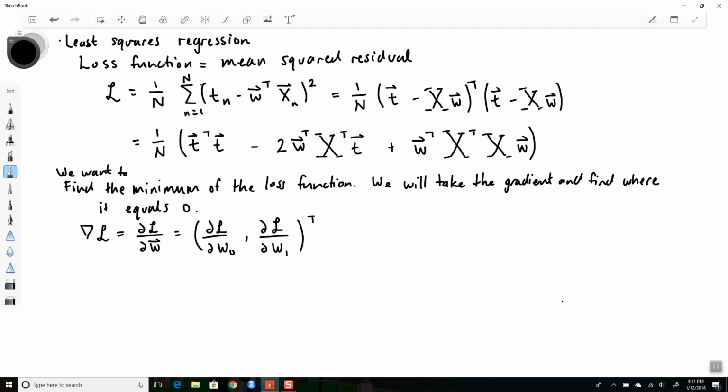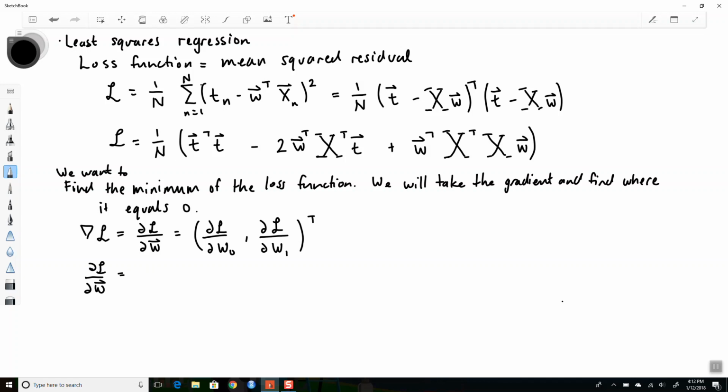So that's what we want. Okay, so we'll say this is our loss function, and we will work through this in matrix notation. What we will get is the gradient with respect to w.